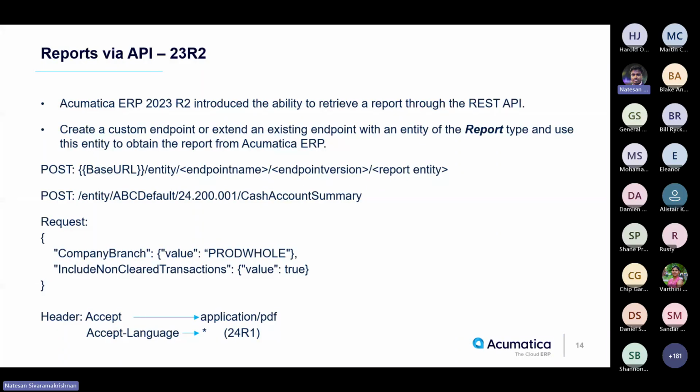But the report type entities are not by default configured in the system endpoints. So we can configure reports as a report type entity in our custom or extended endpoints and access that report entity to generate and fetch reports through API.